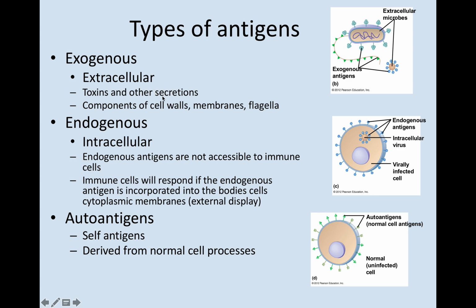It can be toxins, other bacterial secretions, components of cell walls, cell membranes, flagella. Endogenous antigens, which are intracellular, so when you have a viral infection or intracellular bacterial infections. And then autoantigens, which are self-antigens derived from normal cell processes.